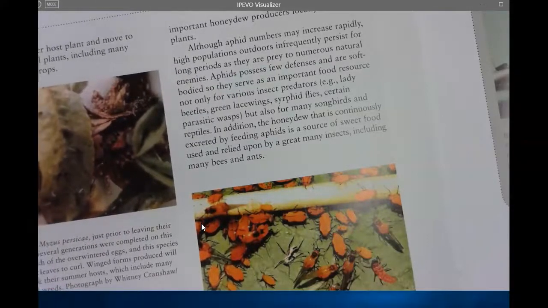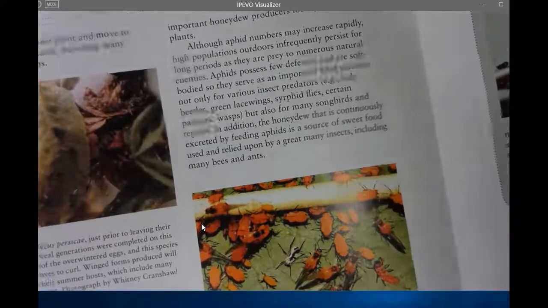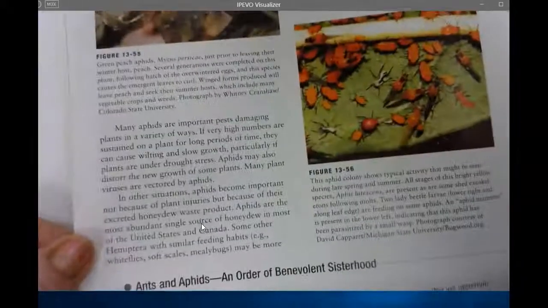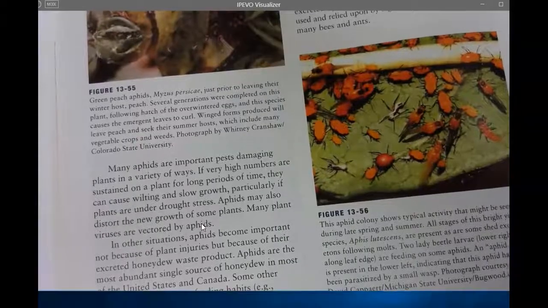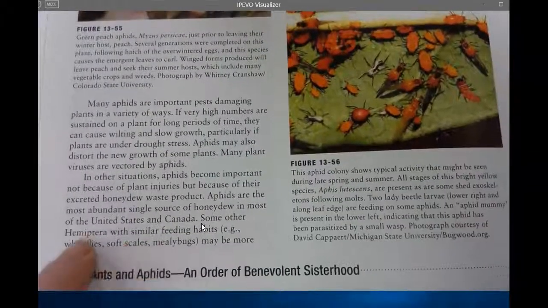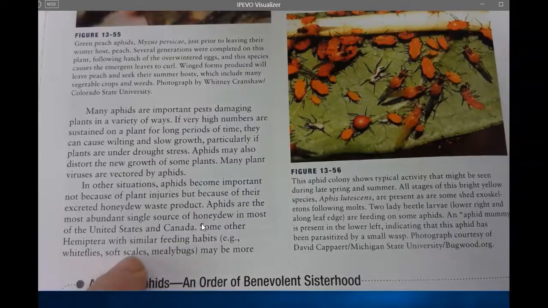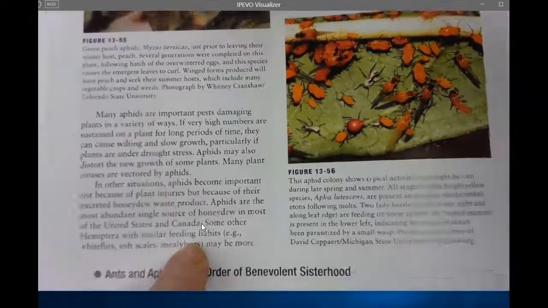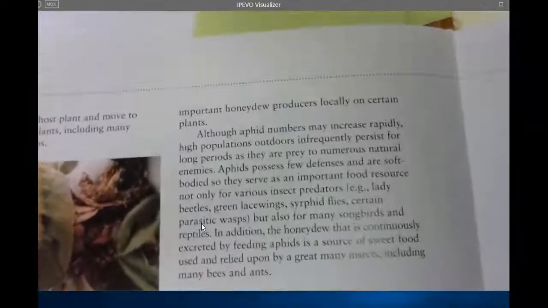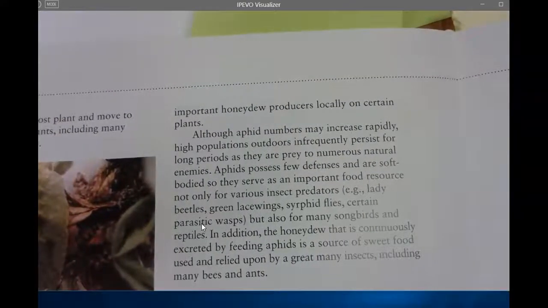It says aphids are the most abundant single source of honeydew in most of the United States and Canada. And it says that there are some other insects, Hemiptera, with similar feeding habits like the whiteflies, soft scales, and mealybugs that can produce honeydew as well.